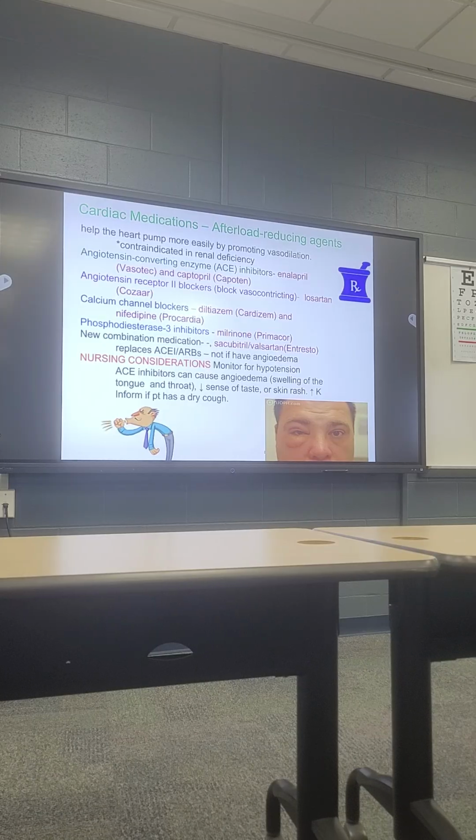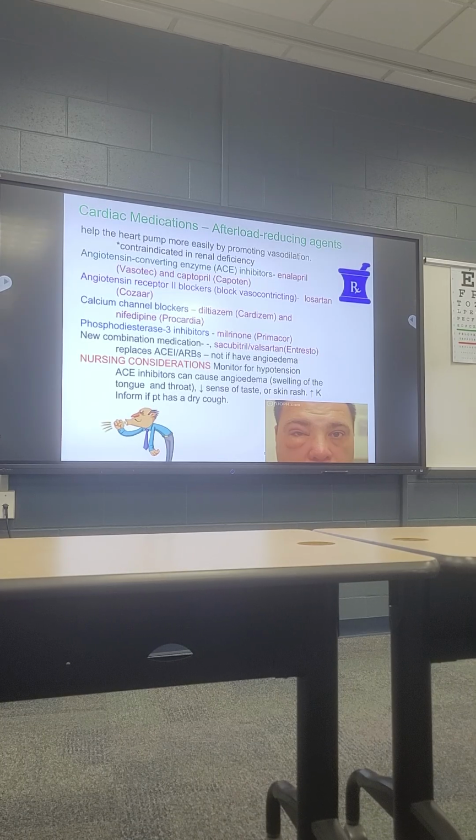Calcium channel blockers vasodilate, so they decrease blood pressure. Another side effect of ACE inhibitors is angioedema, which is on the left side at the bottom left. So we're assessing these and going through the medications with the patient.